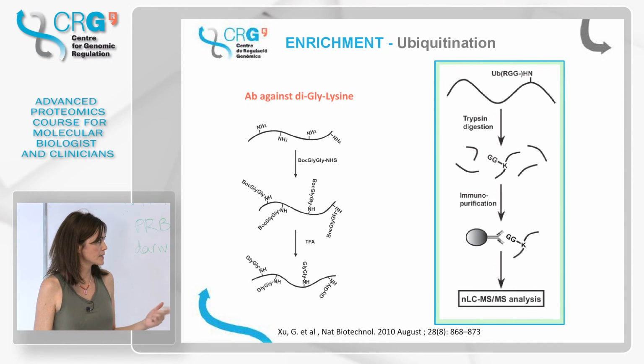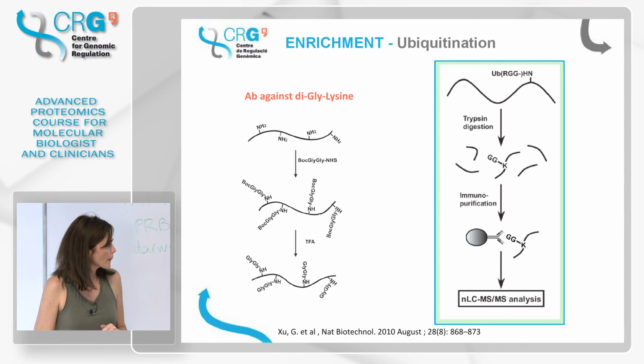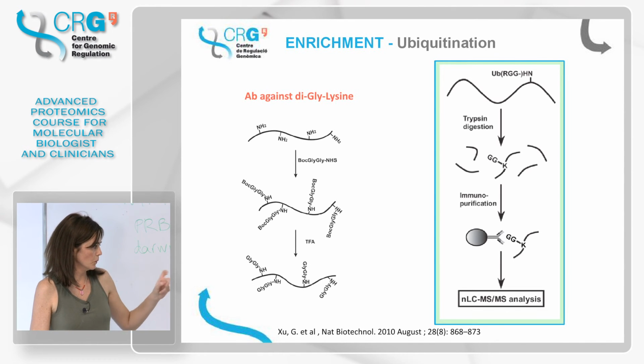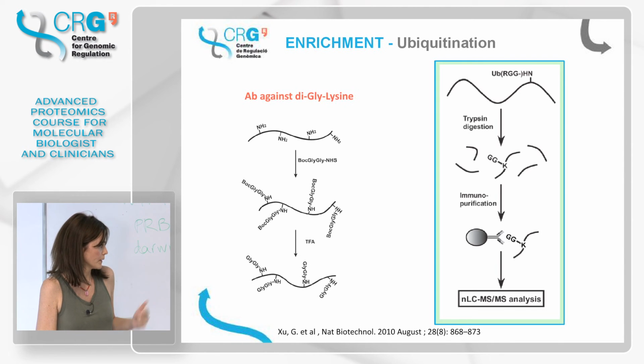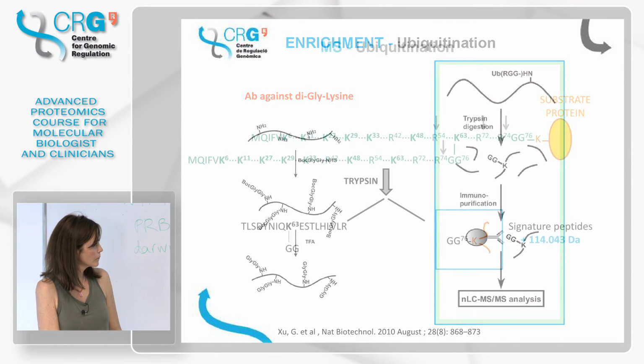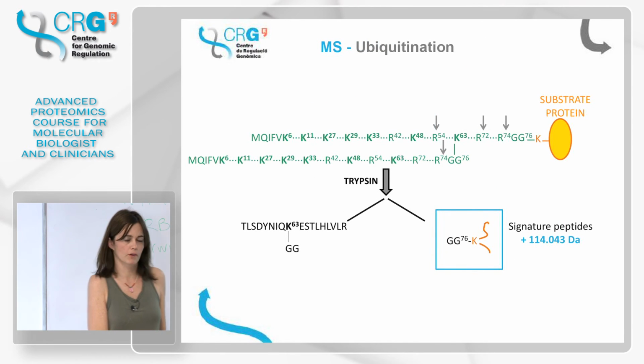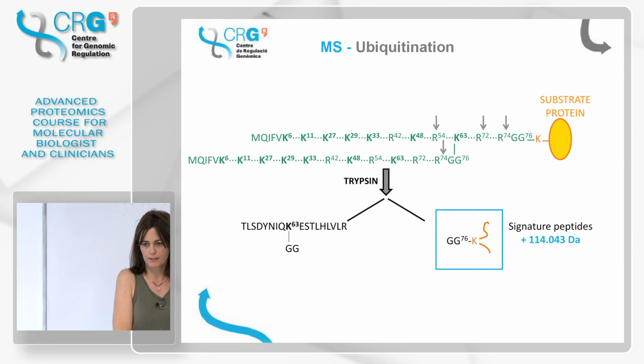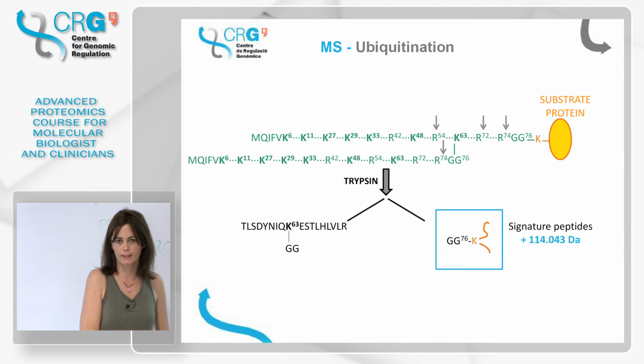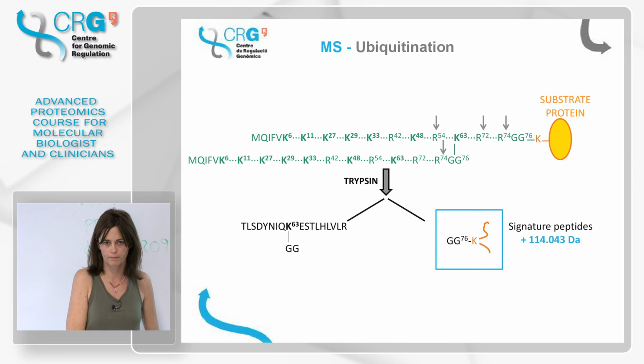And the way that is used more commonly to enrich for ubiquitination is with antibodies. Okay, there are antibodies created against this GlyGly, and they work pretty well. So again, just what you need to remember is that this is our signature peptide, and this is how we're going to detect these peptides by mass spectrometry.